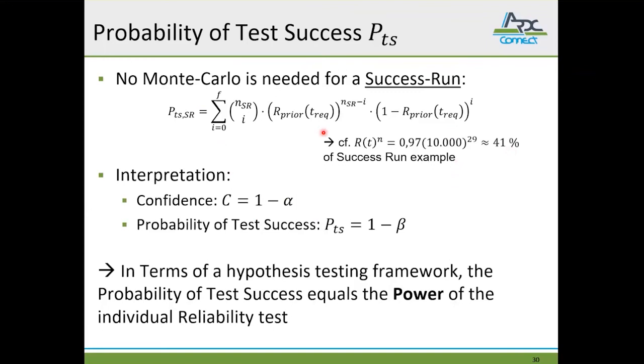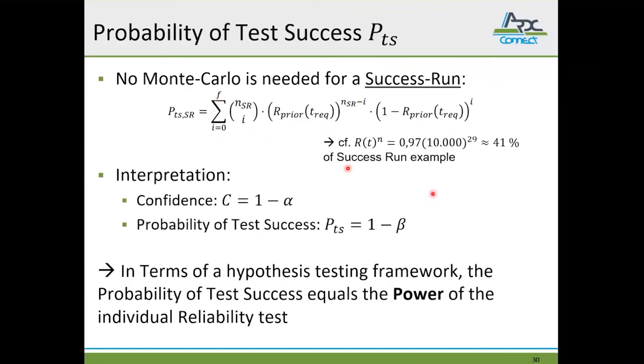If we take the failures into account, F or I, in this equation, the binomial equation, as you already know, it probably gets a little more complicated, but it's still very simple to calculate in an analytical form.